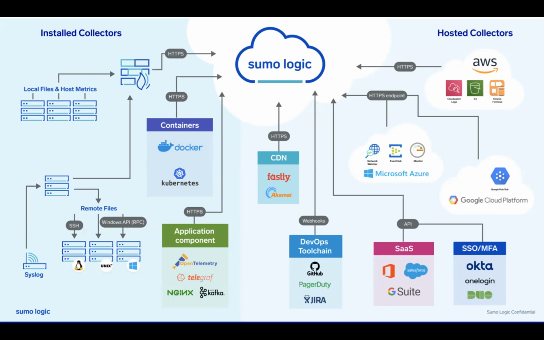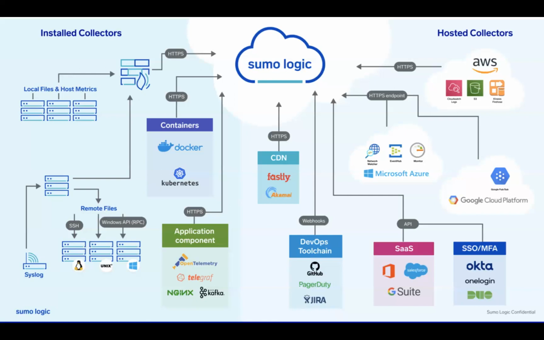Installed collector, as the name says, is a small agent which runs on your host devices, whether your servers or EC2 instances, and collects the data from those sources. We can also have this agent running on a central server, and then data can be pushed from a remote server to the machine where the agent is running, and then sent to Sumo Logic through that collector. Now, coming to the right, we have a hosted way of collection.